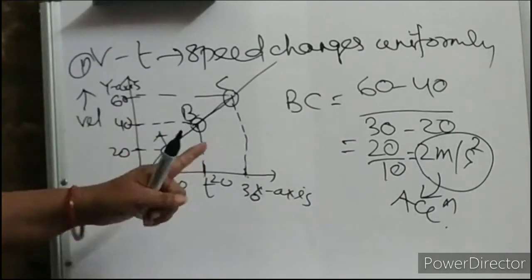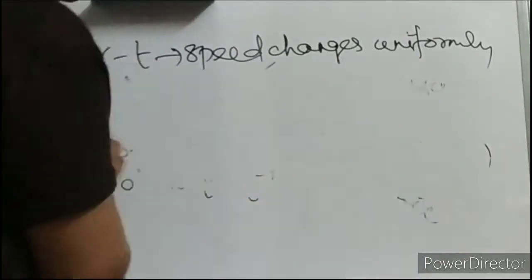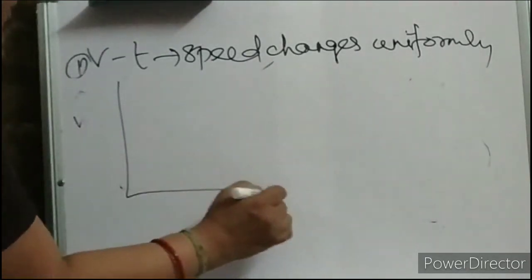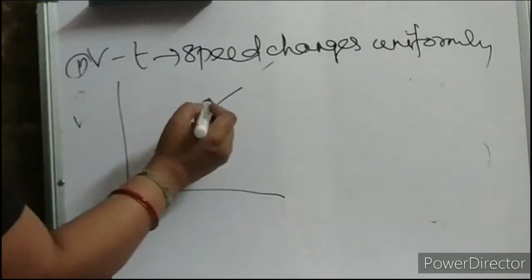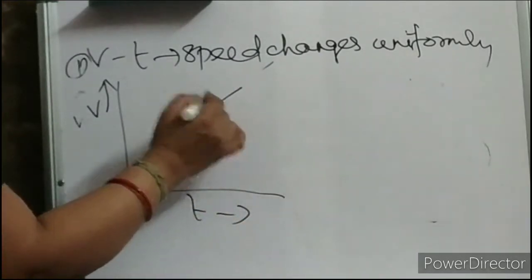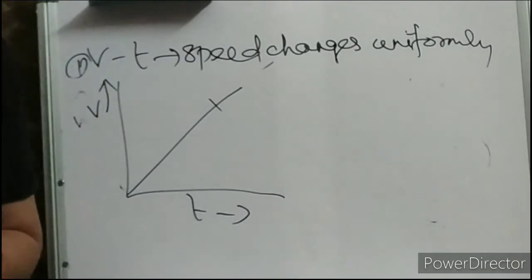Suppose, I can erase it. Okay. Suppose this is a straight line graph from the origin, since we have started from 0. Okay. At this point, this is your velocity and this is your time children. At this point, I want to find the acceleration.